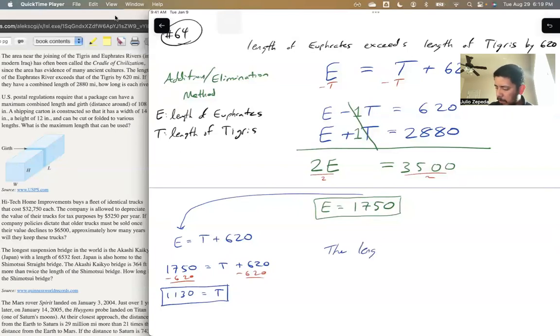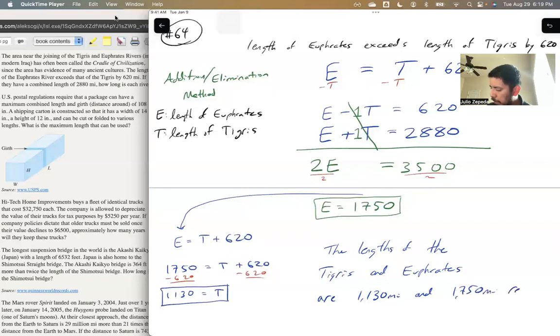And I can give my answer as the lengths of the Tigris and Euphrates are 1,130 miles and 1,750 miles, respectively.